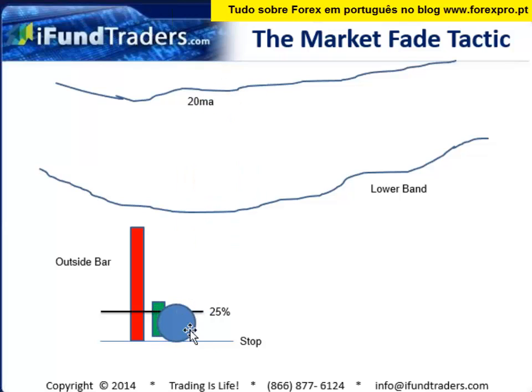All right? Now, the one thing that I have to point out here is that the 25% retracement can actually happen on the same bar. So let's say there's your outside bar, and this bar starts to do this. Let me show it to you. This is very fascinating.